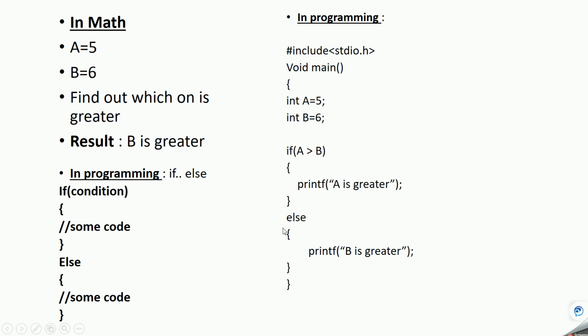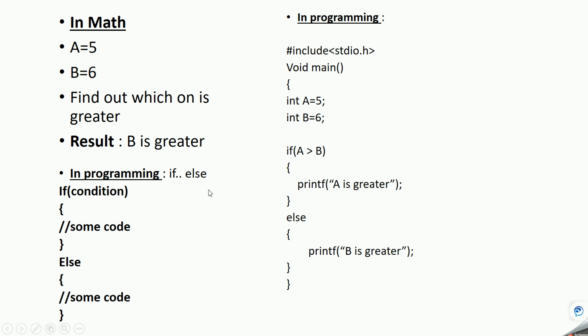So it will not go inside this, instead it will come inside the else. If the condition is true, it will execute the code inside the if, and otherwise, if it is false, it runs the code inside the else. Basically, you want to check some condition, and if it is true you want to take some action, and if it is false you want to take another action. In that case you will use if else. If true, some action will be performed, and if false, some other action will be performed.